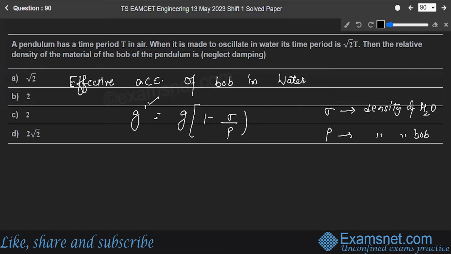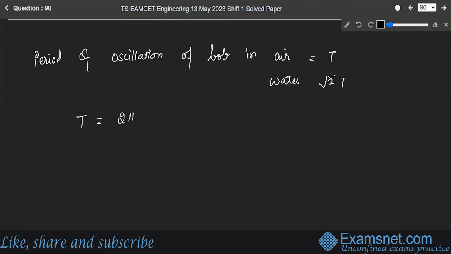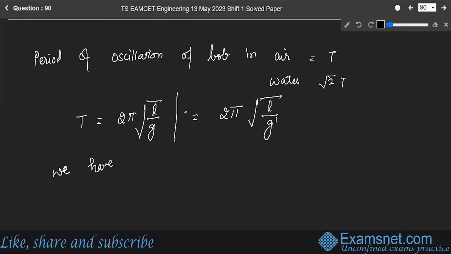Now the period of oscillation of the bob in air is this, and in water it is root 2 T. So you will have T is equal to 2 pi root of L upon g, and T dash is equal to 2 pi root of L upon g dash, where this is for air and this is for water.